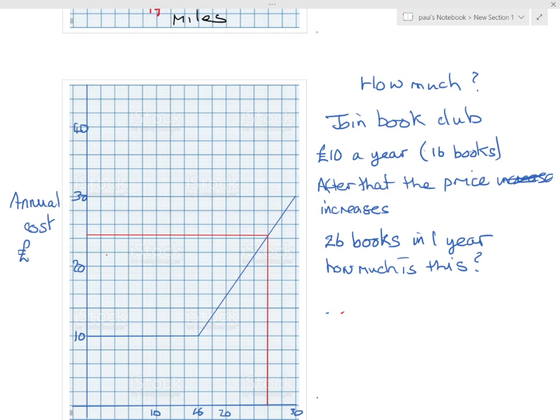Now we'll call it £24.50. Yep, that's how we do that.